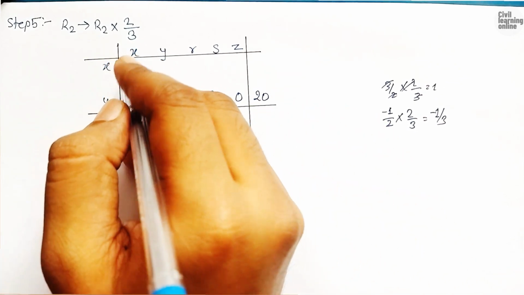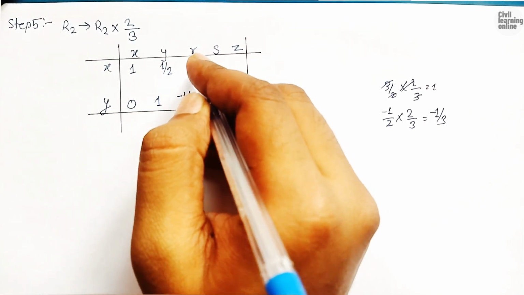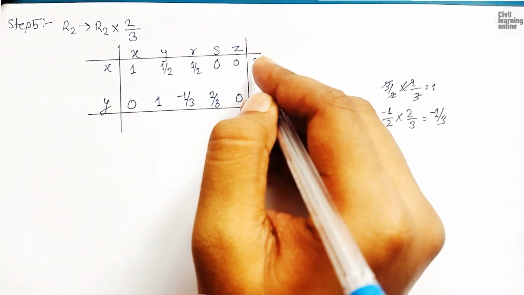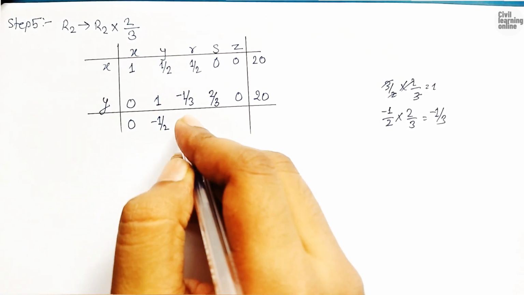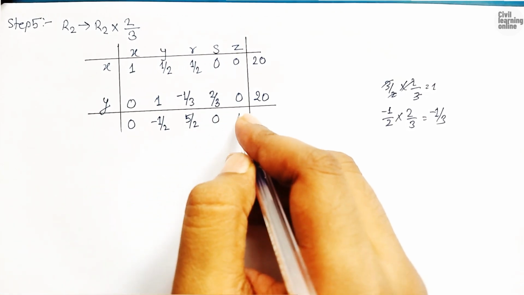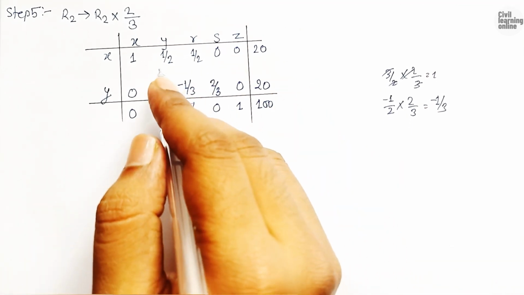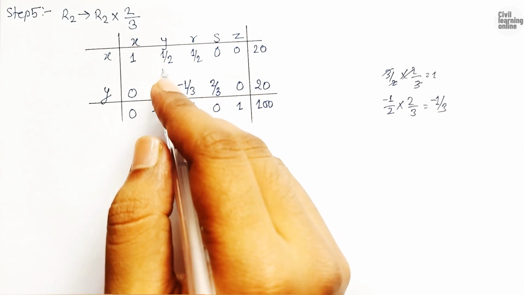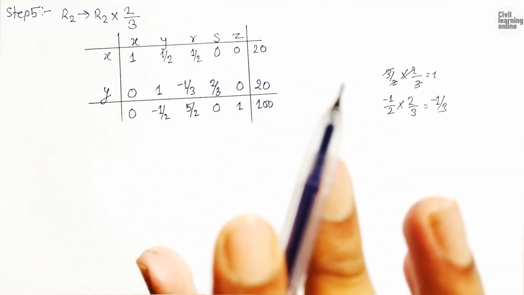The elements of R1 and R3 are 1, 1 by 2, 1 by 2, 0, 0, 20, and here the elements are 0, minus 1 by 2, 5 by 2, 0, 1, 1, 0, 0. Now we need to move to step 5, and in step 5 we have to convert all elements other than the pivotal element to 0.